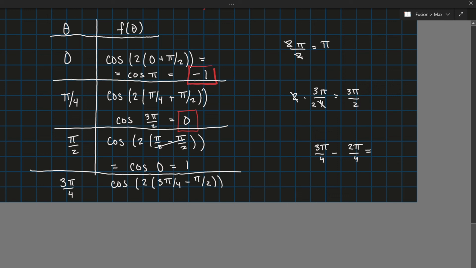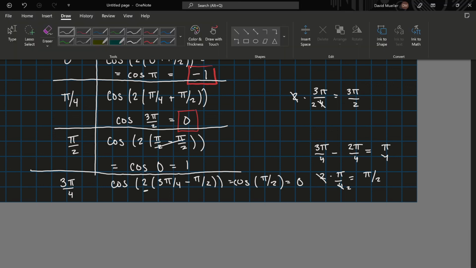So with that, it's pi over 4. And then we multiply that by 2, so that's just pi over 2. Okay. And then what's cosine of pi over 2? 0. Good.